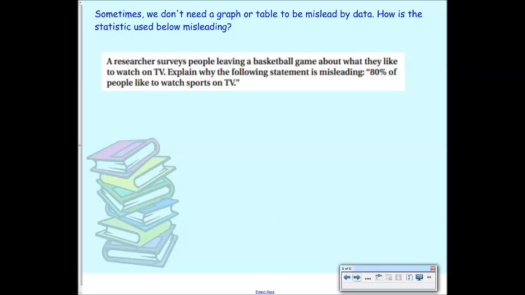So when you do a survey, for it to be accurate, it needs to truly be what? Non-biased. As random as possible. Yeah, you need it to be as totally random as possible.